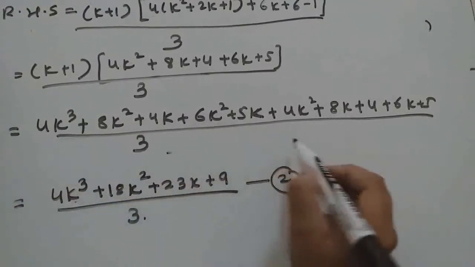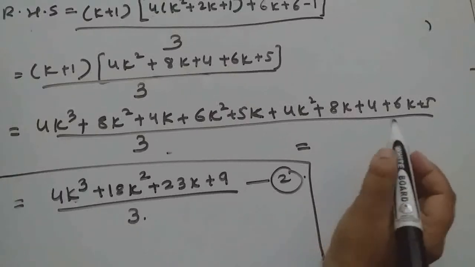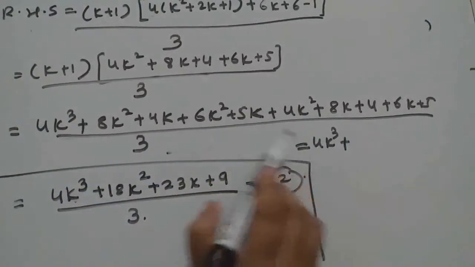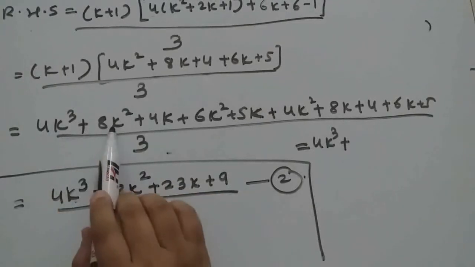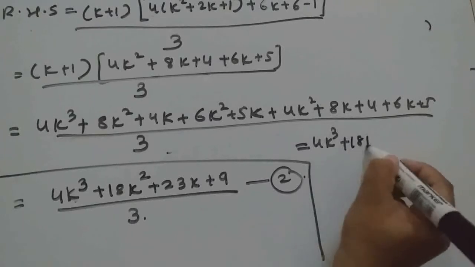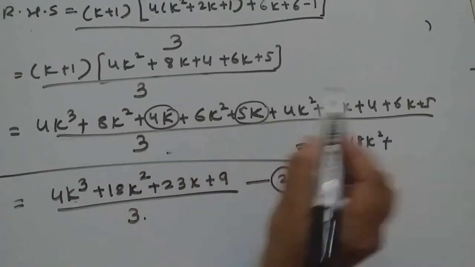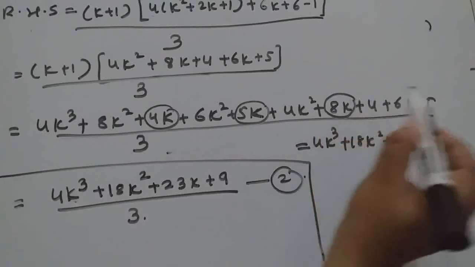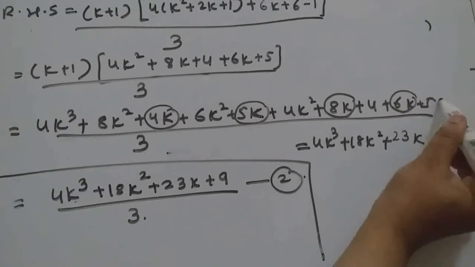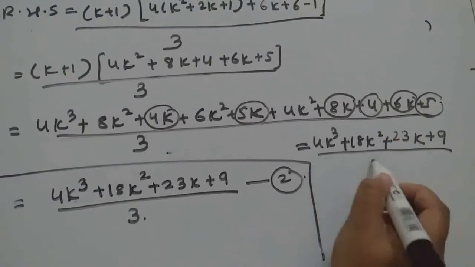Now what we can do here, similar terms we can add. So see, 4k cube is only 1, 8k square plus 6k square is 14, 14 plus 4 is 18k square. Now k term, so 4k, 5k, 9k, 9 and 8 is 17, and 6 is 23k. And then constant 5 plus 4 is 9, divide by 3.